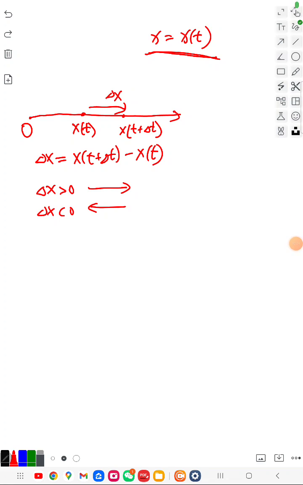So, in an infinitely small time interval, the displacement is also an infinitely small displacement. We can call that dx.